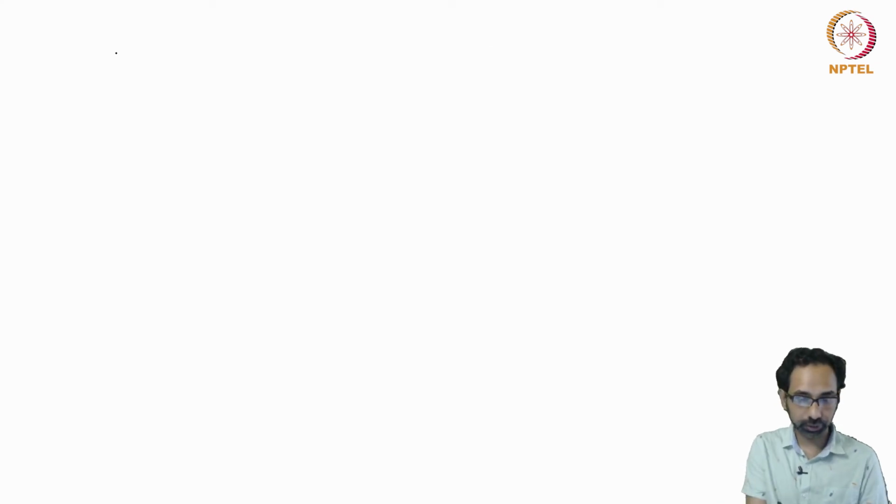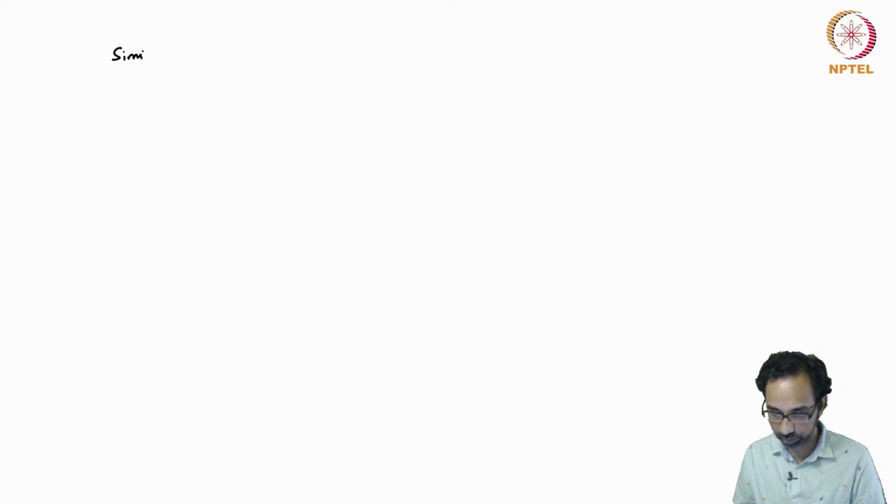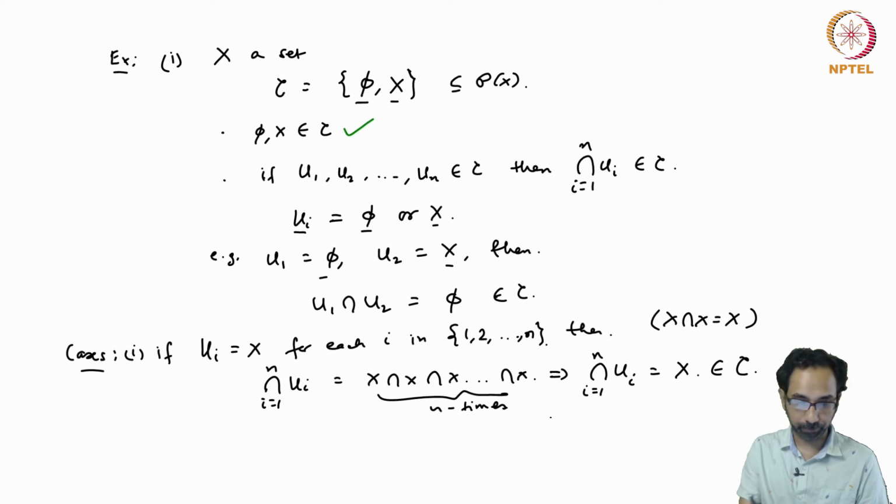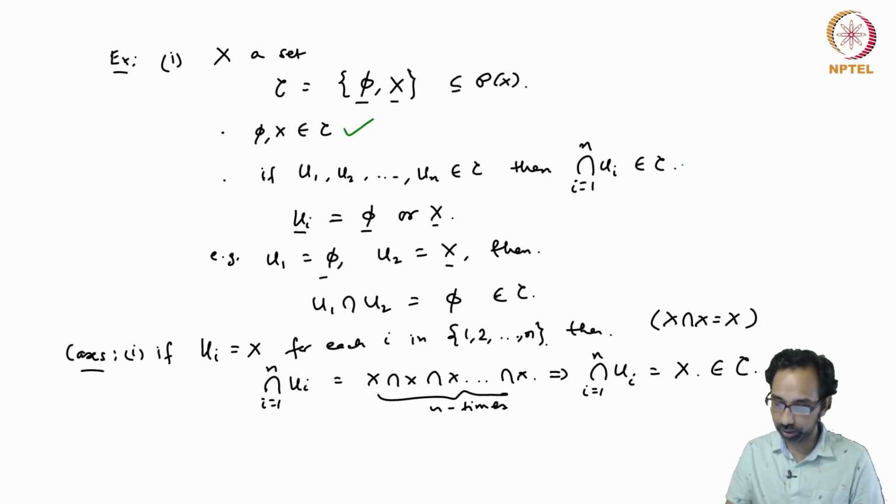Similarly, so let me go back to this property that I wrote, and this is also true. We have verified that this holds. Similarly, we have to check that tau is closed under arbitrary unions.